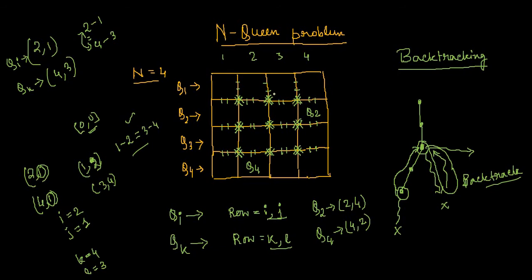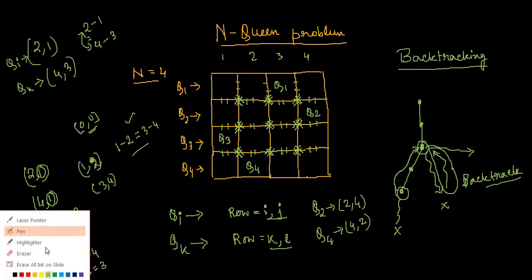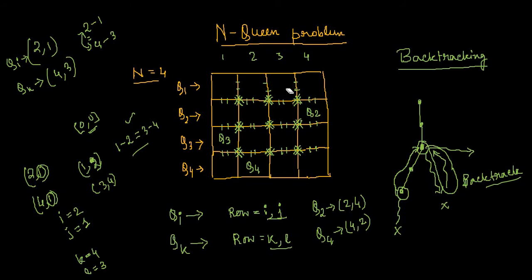Even if you consider, say, queen 1 is placed here and queen 3 is placed here. Sorry, not this position. Let's take another different type of positions. For example, queen 1 here and queen 3 here.